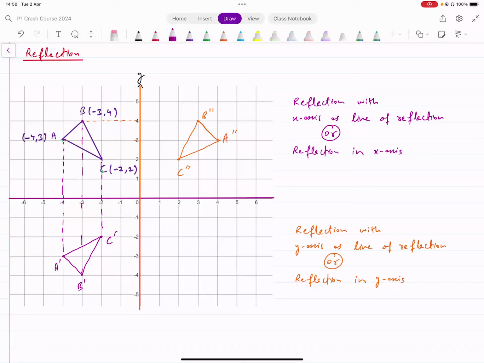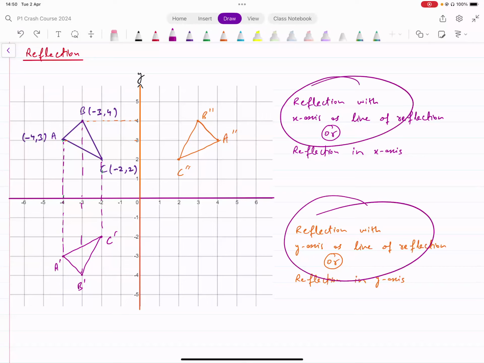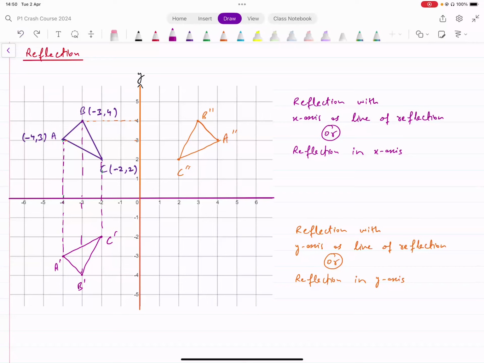Now, there's another name that we will be using for these reflections, although when you're describing reflection, this is what you would say, reflection in x-axis or reflection in y-axis. But the first type here, when you have reflection in x-axis, we could also call this vertical reflection.